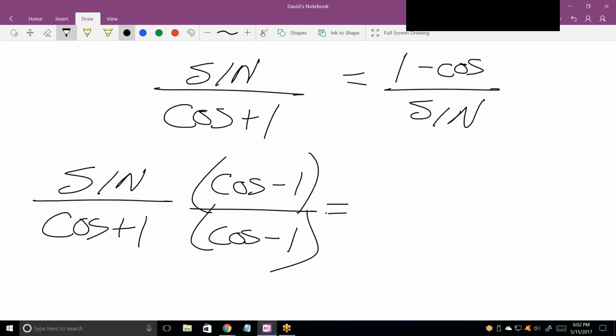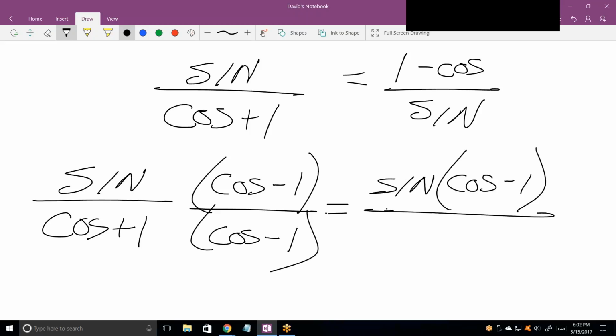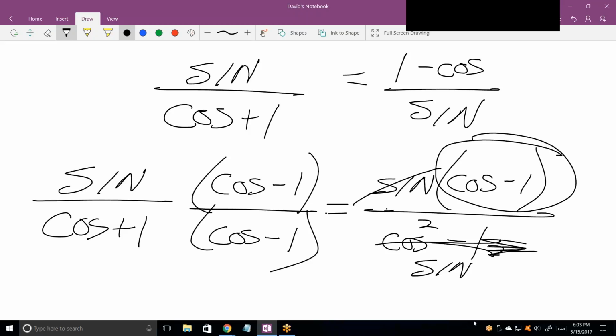Right. What that gives me is, and I don't multiply out the top because you'll see why, what I've got in the bottom is cosine squared minus 1, which becomes sine squared. Now that sine cancels with that exponent, and I'm left with cosine minus 1 over sine, which is what I started with.